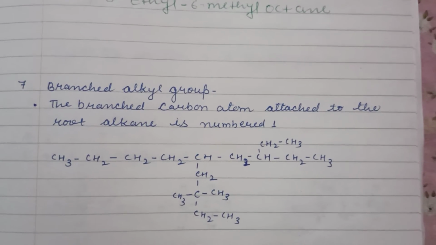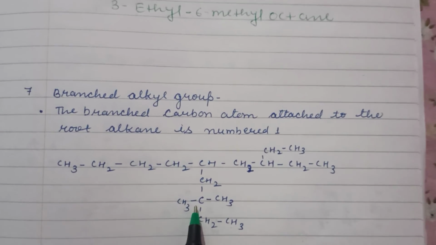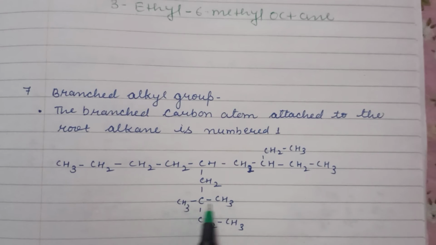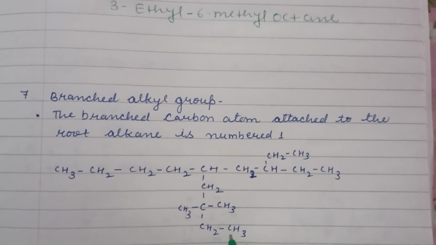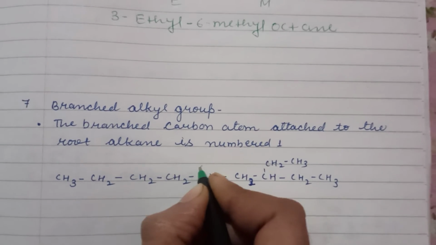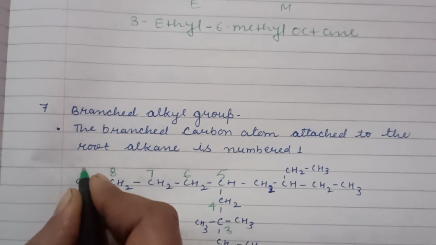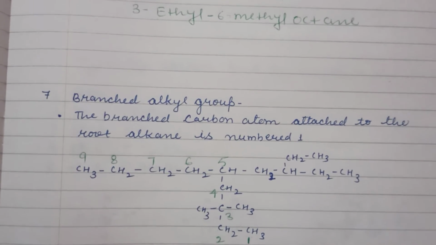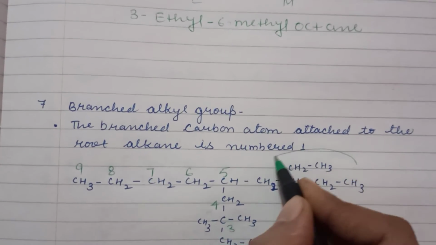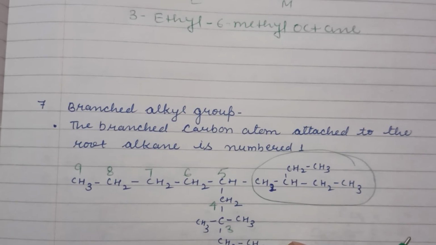But numbering from which side you have to start? From here only, because you will get at 3rd number carbon methyl group are attached. So I am going to number 1, 2, 3, 4, 5, 6, 7, 8, 9. Okay, and now this is as a branch or as a substituent, but it is complex.